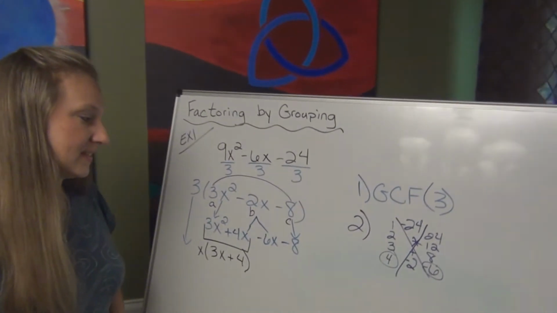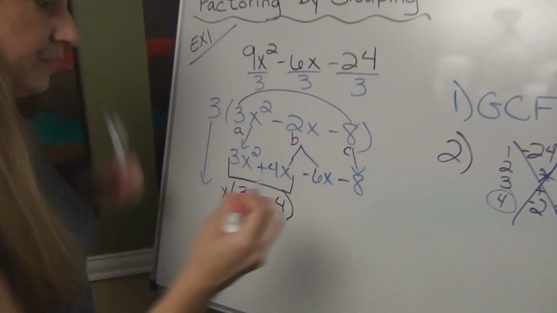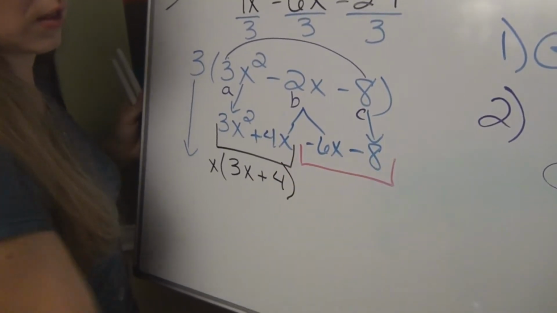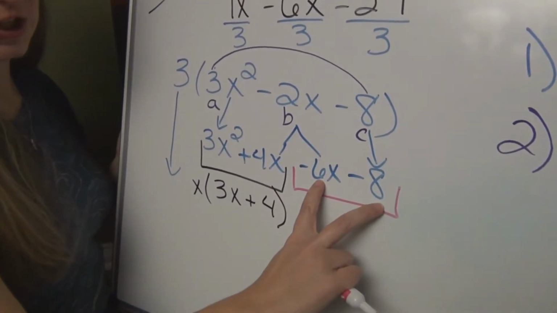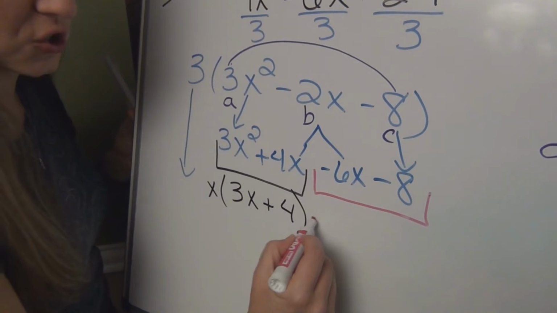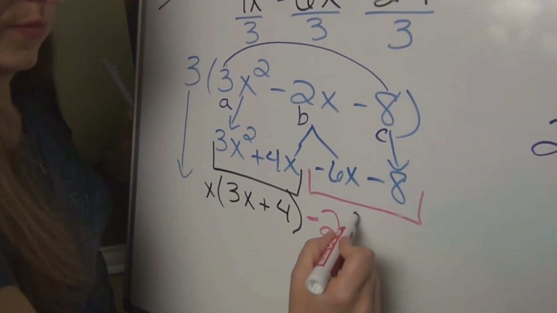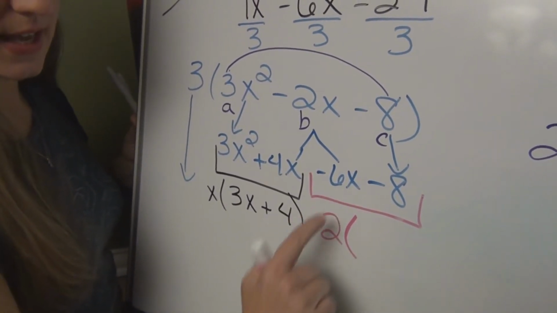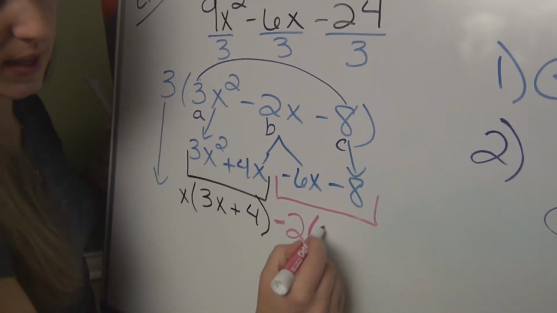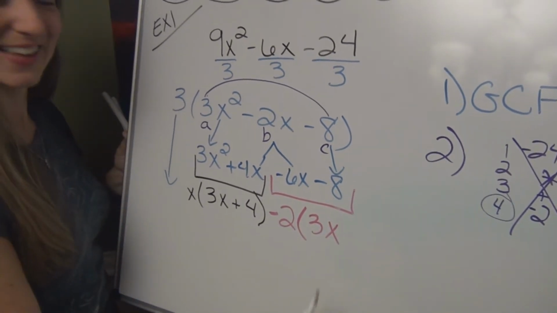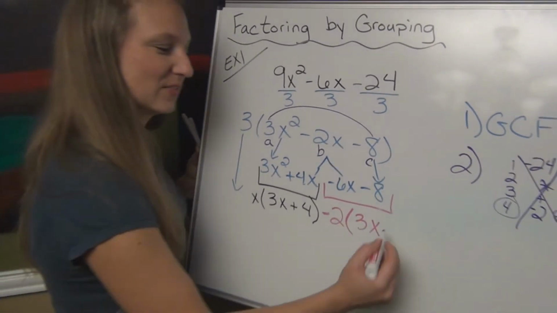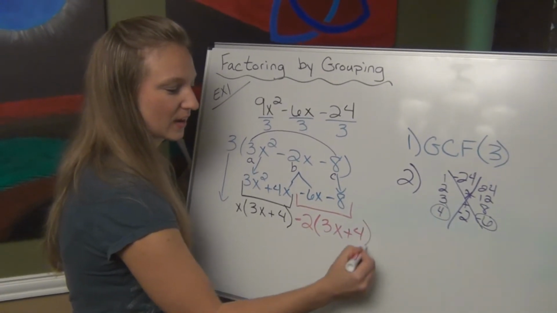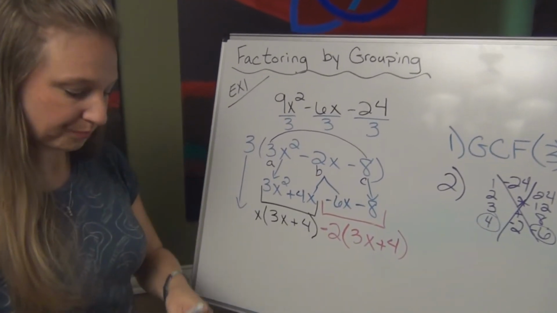Now I'm going to look at the second 2 terms. Out of these 2 terms, when I look at the numbers, I can divide them both by negative 2. Negative 6x divided by negative 2, and I'm left with 3x. Negative 8 divided by negative 2, and I'm left with a positive 4.